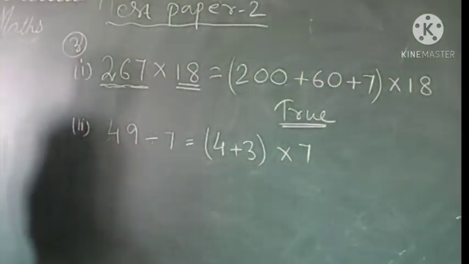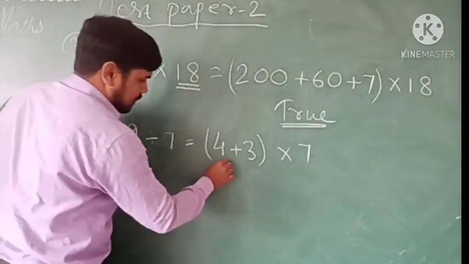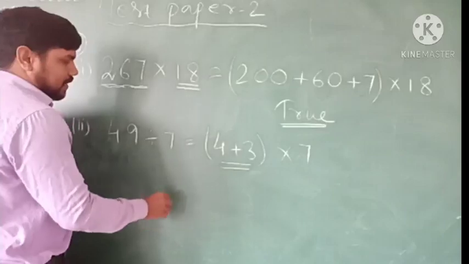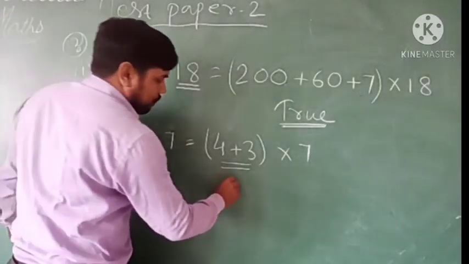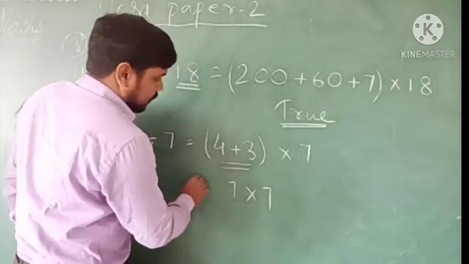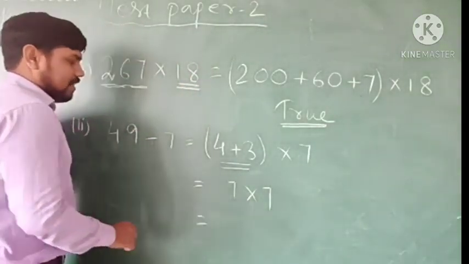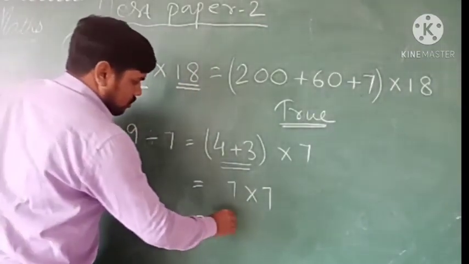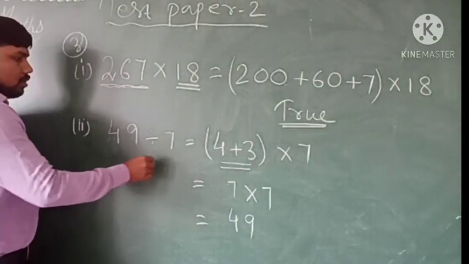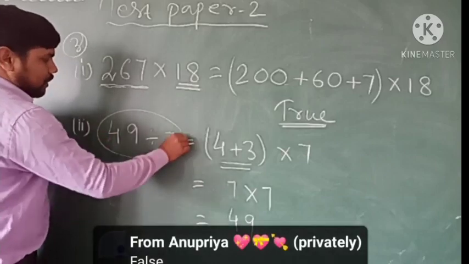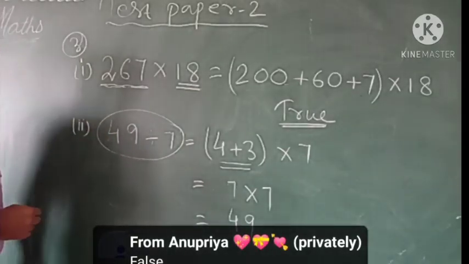So check once, 4 plus 3 means how much? 4 plus 3 means 7, right? So 7 multiply 7 is equal to how much? 7 multiply 7 is 49, right? Which is not equal to this. This is 49 divided by 7, right?